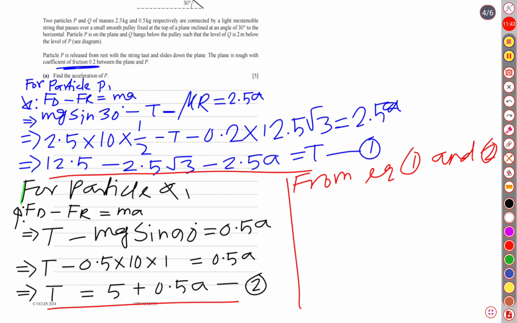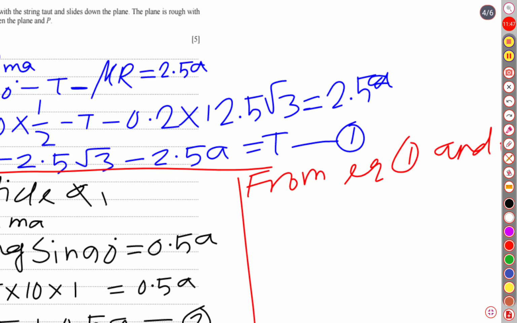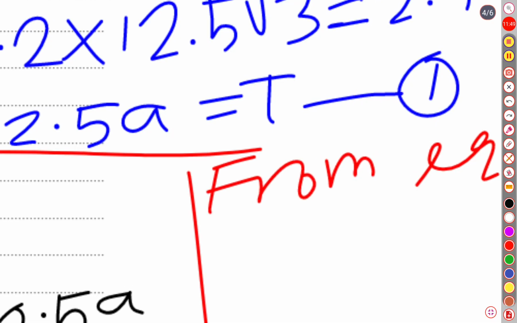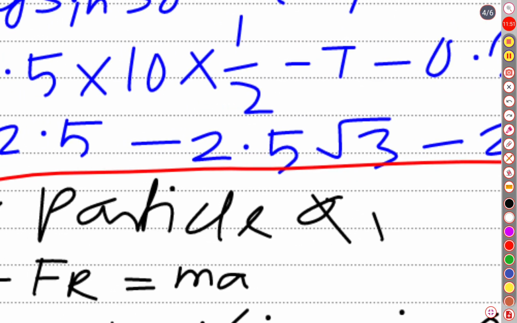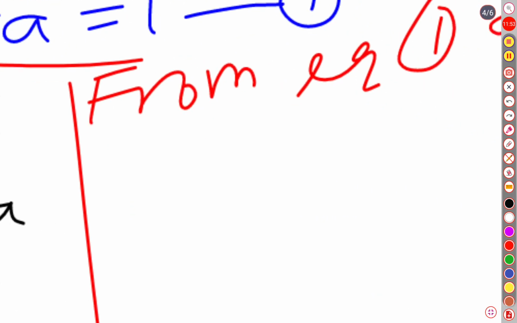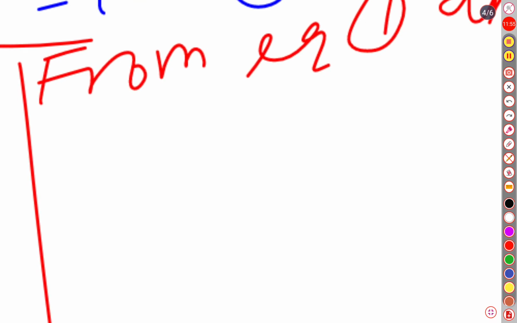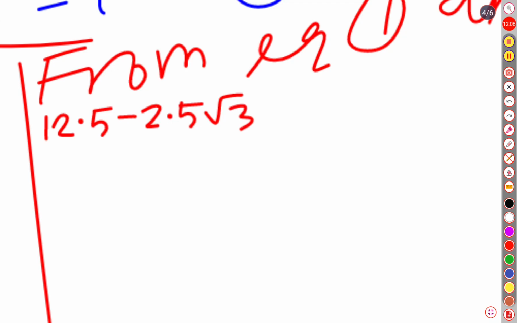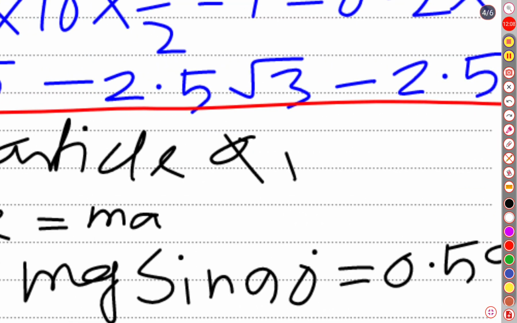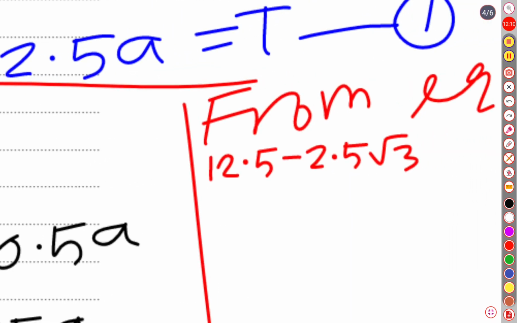So left side of 1 is 12.5. Let me write the equation 1 first. What was it? 12.5 minus 2.5 square root over 3. Then is there anything else or not? Yes, 2.5 root over 3 minus 2.5a.